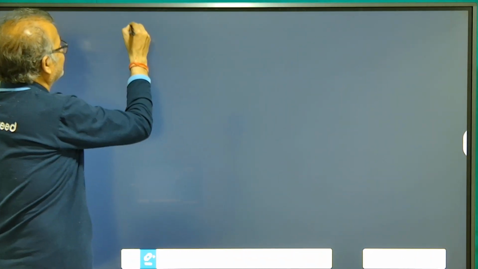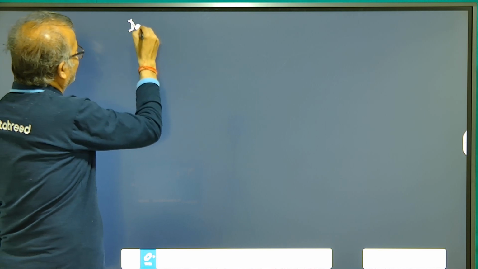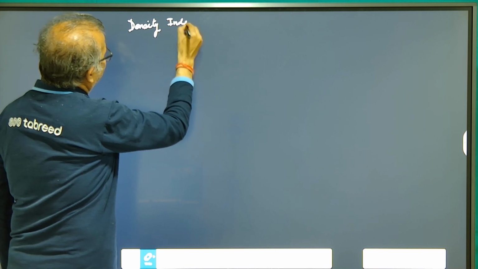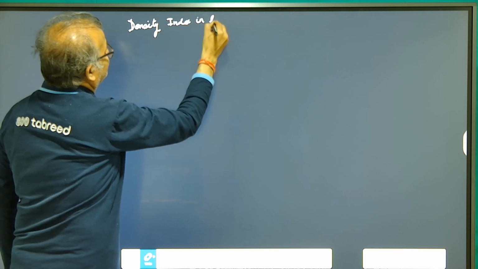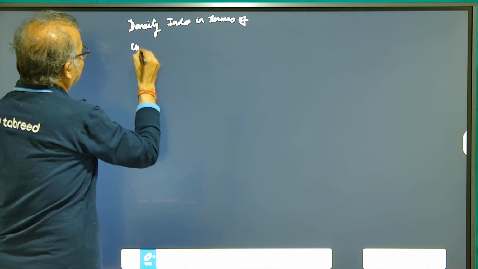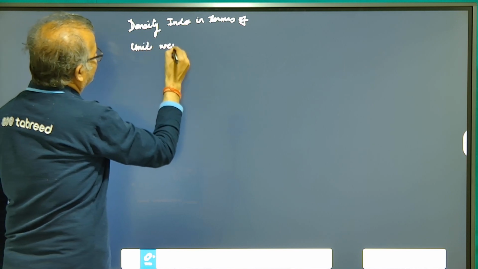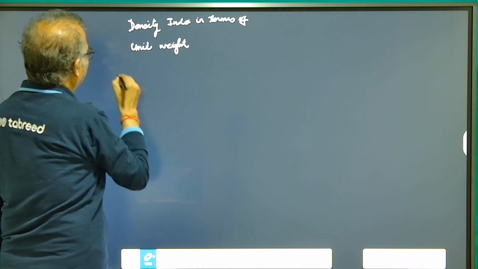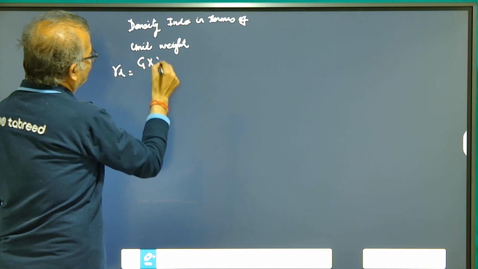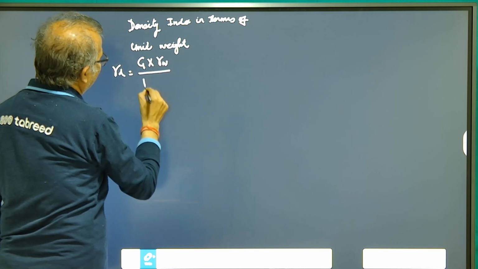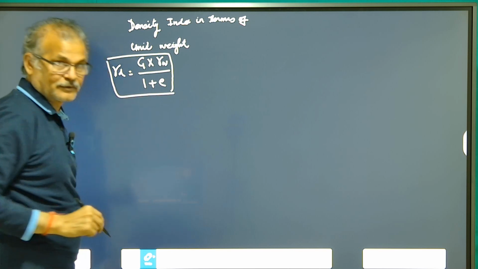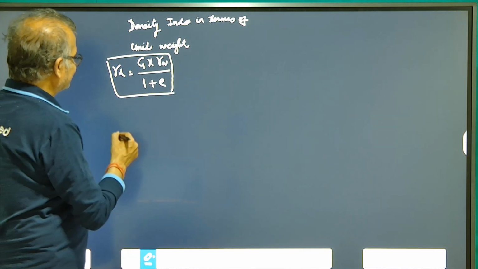Density index in terms of unit weight. We know that dry unit weight gamma D is specific gravity times unit weight of water divided by 1 plus void ratio in natural state. When the soil is in loose condition, gamma D minimum will produce the maximum void ratio.